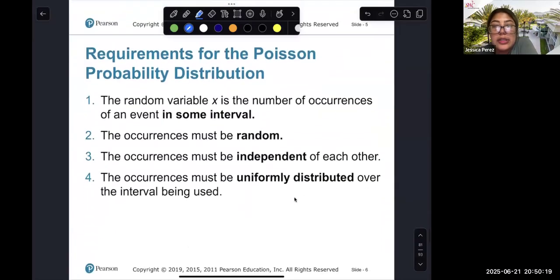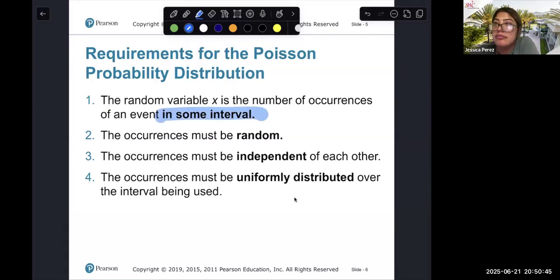What are the requirements for Poisson's probability distribution? Remember, each of the three sections that we worked on, probability distribution, binomial distribution, and Poisson's, all have requirements. One of the requirements is that the random variable x is the number of occurrences in some interval.